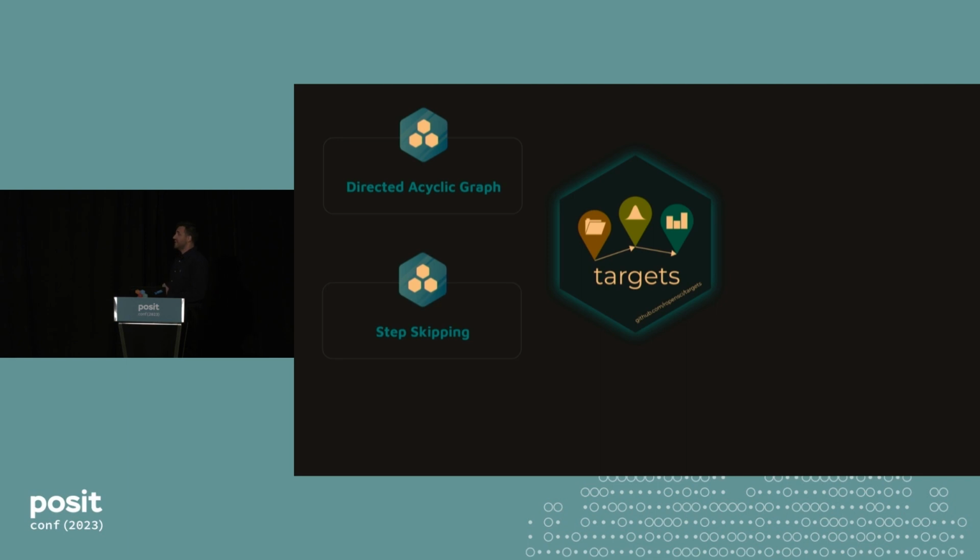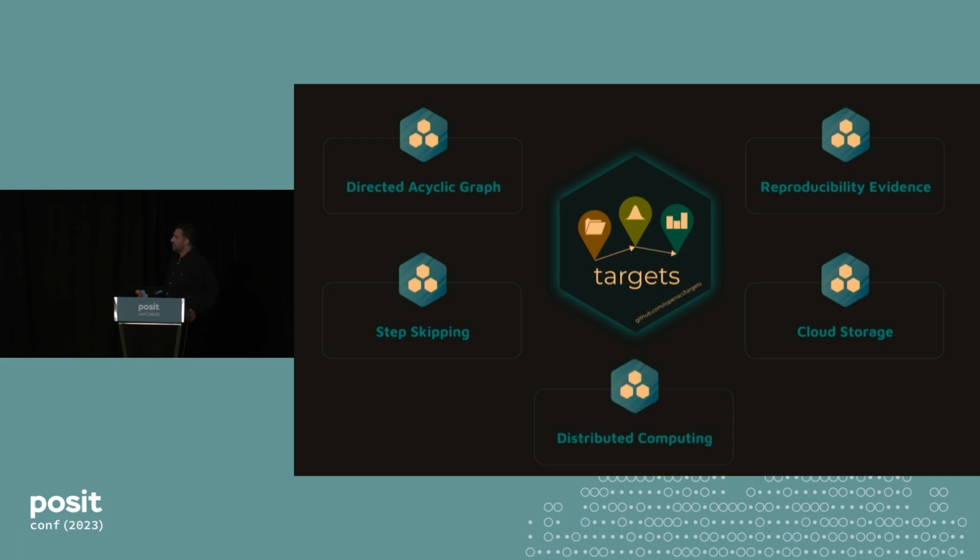It will strategically skip steps from the pipeline for you. It will also keep strong reproducible evidence for you. And it has great facilities to integrate with cloud storage. And of course, it has great facilities for distributed computing.